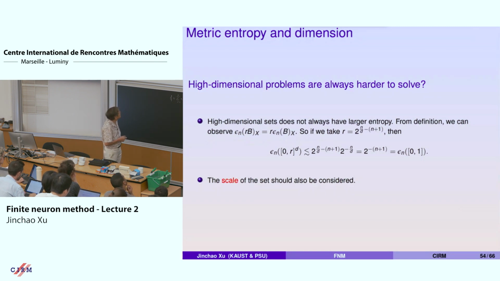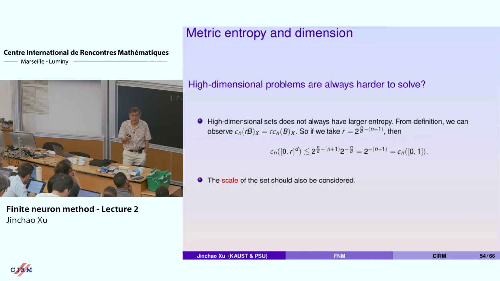High dimensional sets do not always have larger entropy. Why? If my cube in the large interval is of size R, and if R is very small, it could be smaller than the unit interval of one dimension.